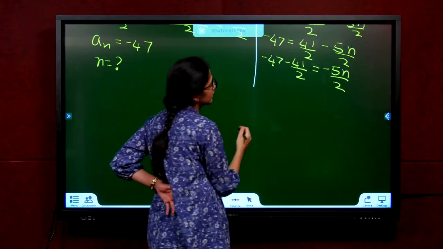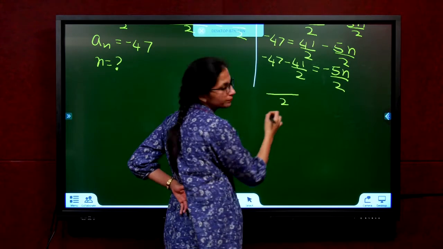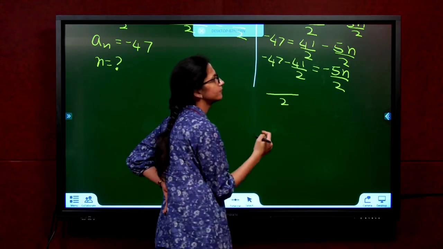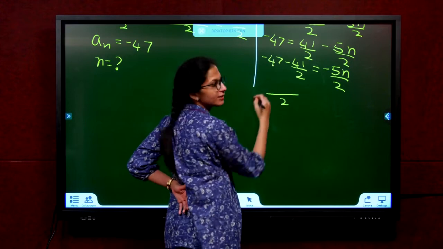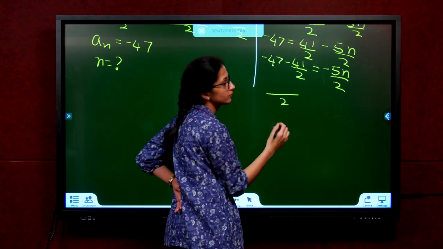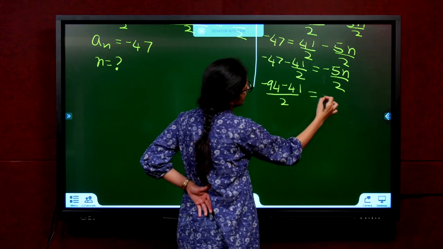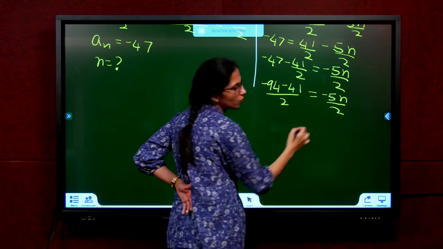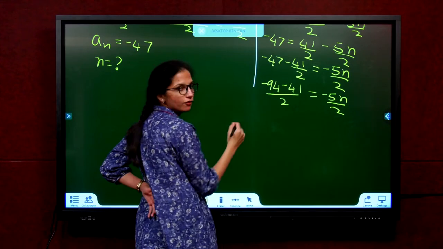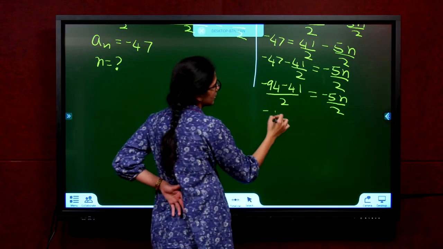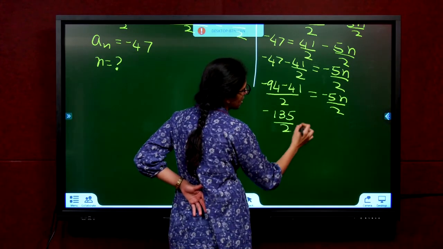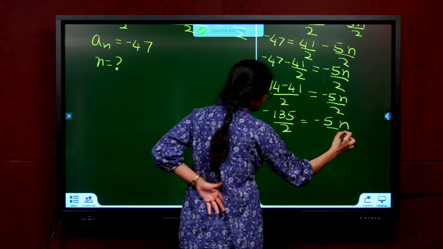Now what happens? Take LCM as 2. What will happen here? Minus 47 into 2, minus 94 minus 41 is equal to minus 5N by 2. Minus 94 minus 41, minus 135 by 2 is equal to minus 5N by 2.